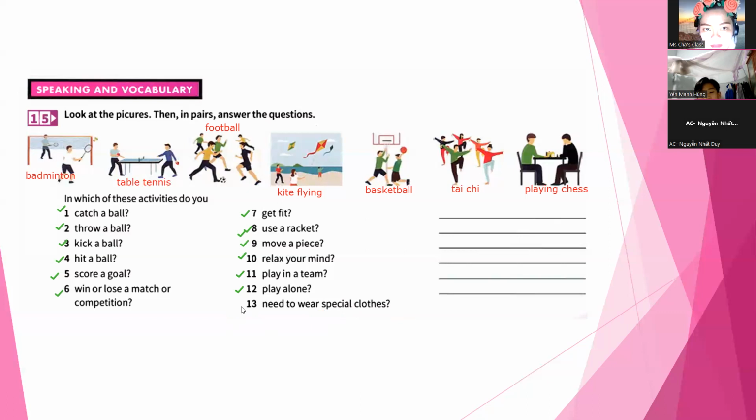Not chess, because in chess you're just sitting down. But with Tai Chi, you need to wear something comfortable. Imagine you are wearing jeans and you're going to do that. It's going to be very uncomfortable, right? So it also requires special clothes, okay? So that's it for that one.